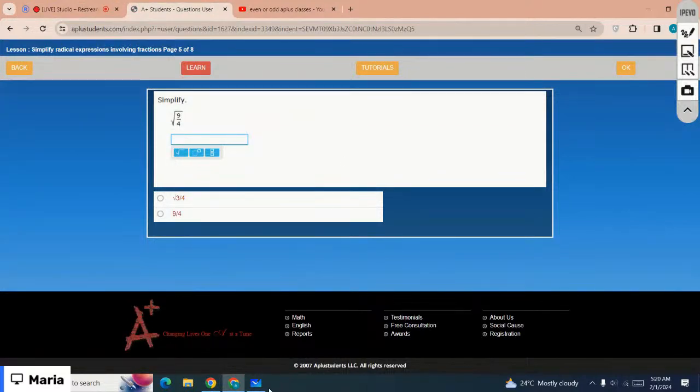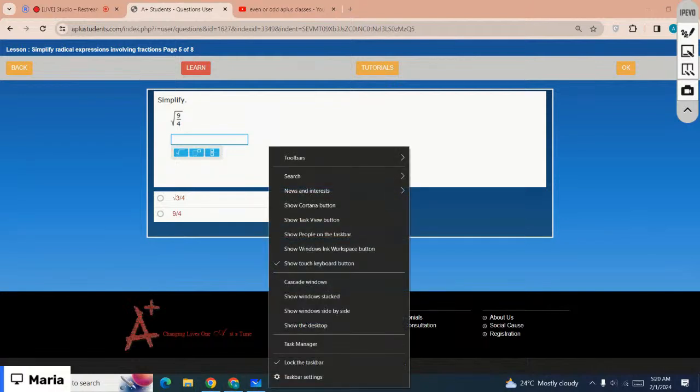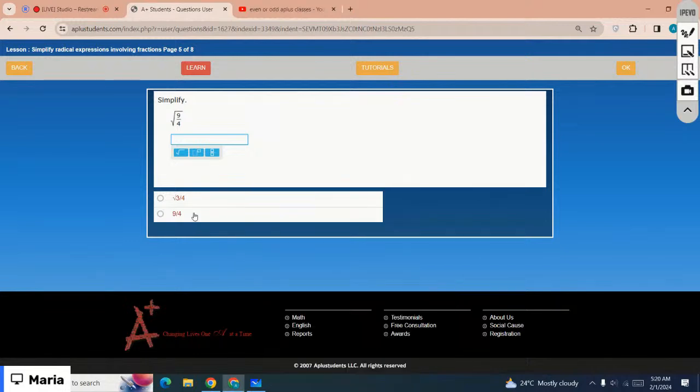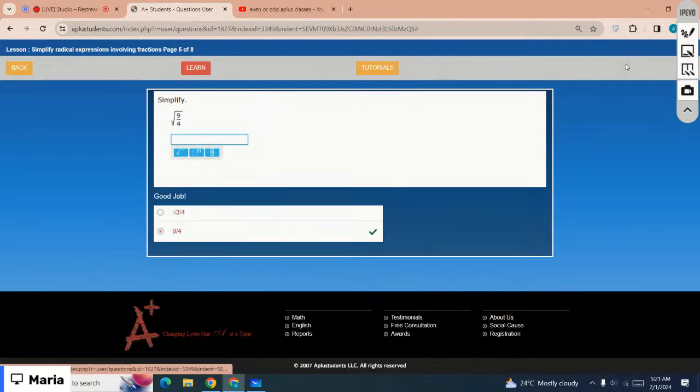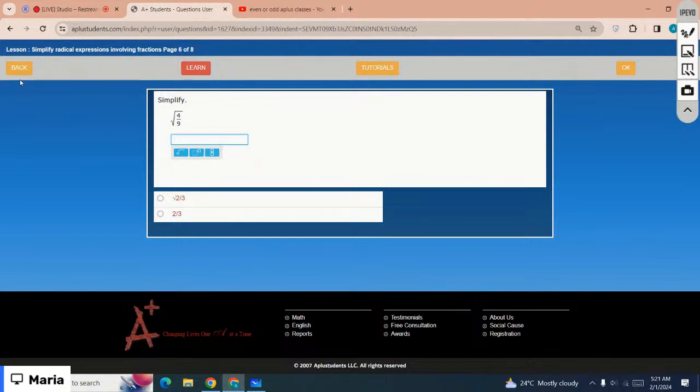Because you can factor out 9 as 3 times 3 and you can factor out 4 as 2 times 2. So the correct option must be 3 over 2, right? But you are not given the correct option. That is 3 over 2. What's wrong with the question? It must be 3 by 2, right?